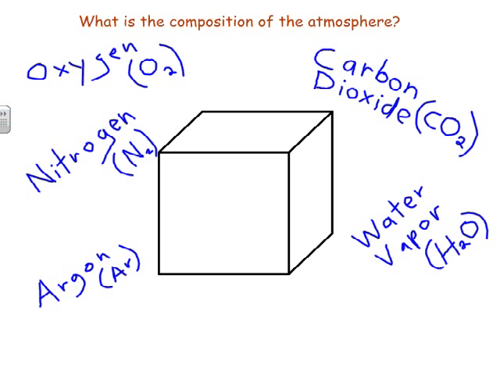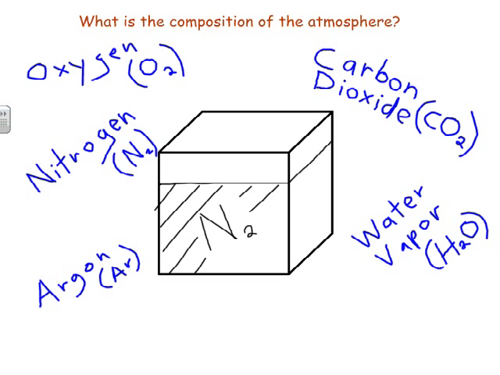So if we were to take a look at this box here, we could set this up. 78%, most of what you're breathing in, is nitrogen. So when you take a big deep breath, you're breathing in mostly nitrogen.